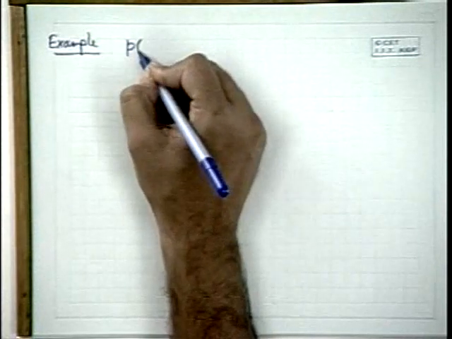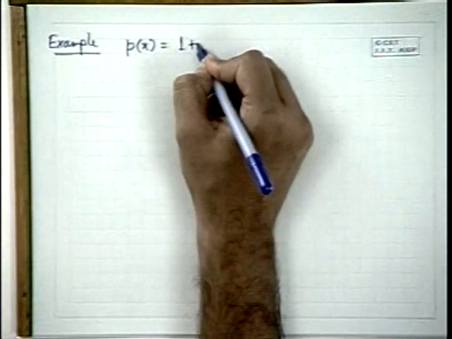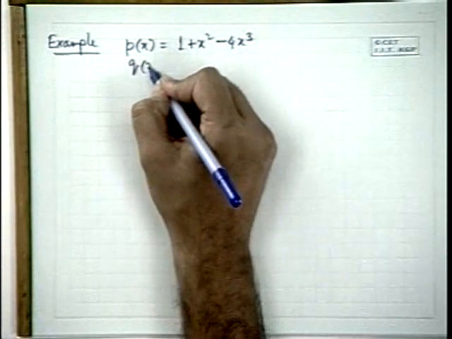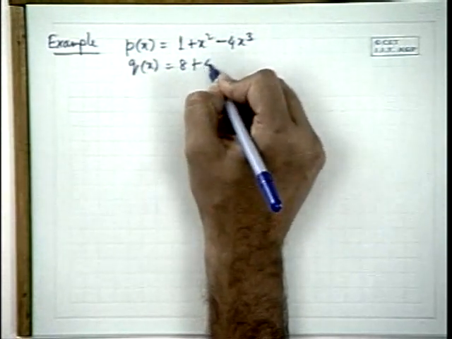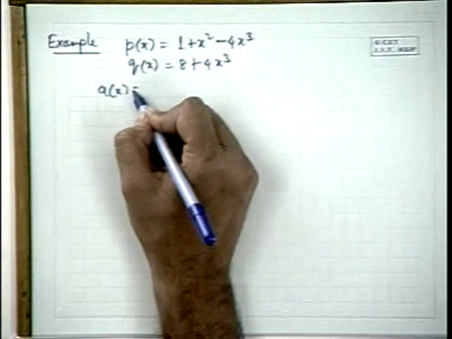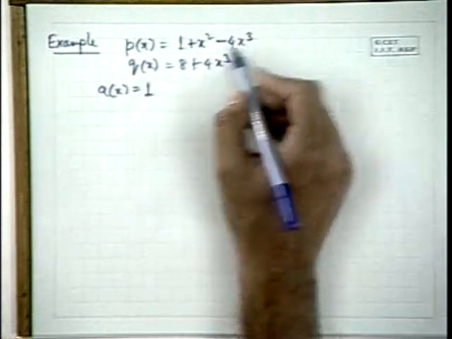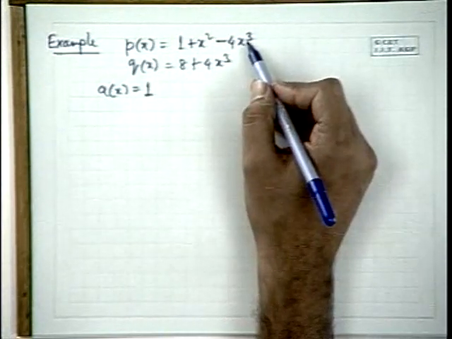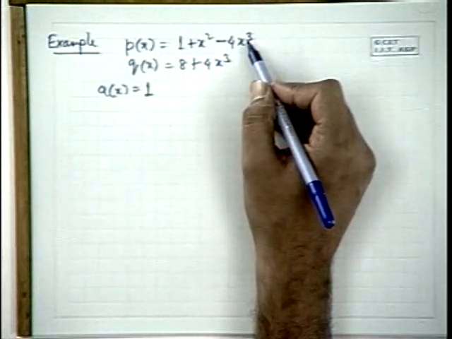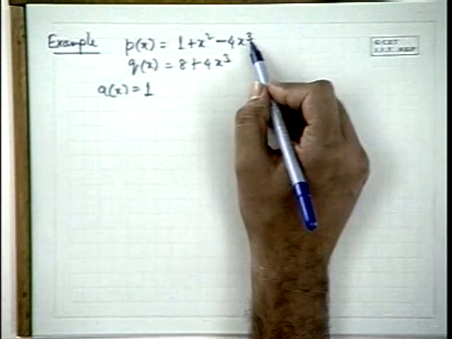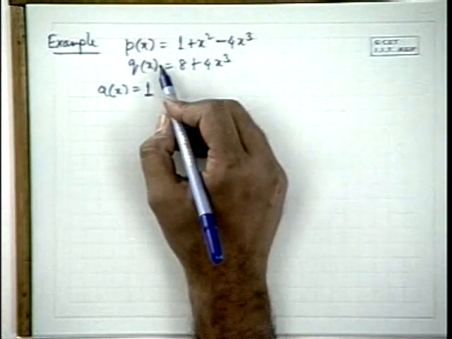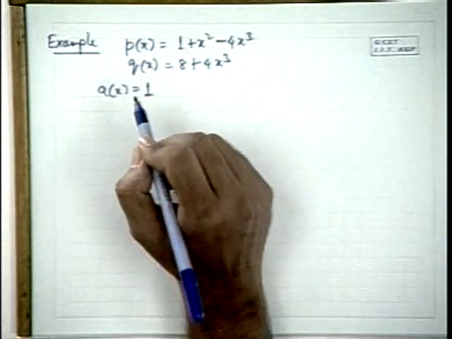Say Px is equal to 1 plus x square minus 4x cube, and say Qx is 8 plus 4x cube. Then according to our definition Ax should be 1. What is your n? n is 4. n over 2 is 2. So n over 2 minus 1 is 1.